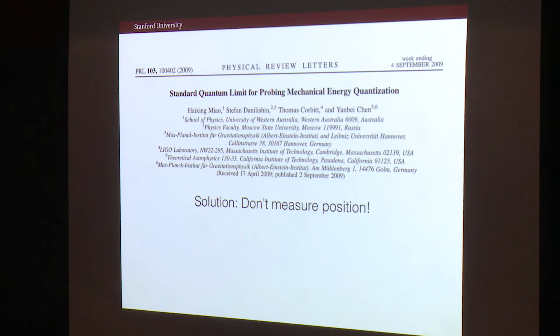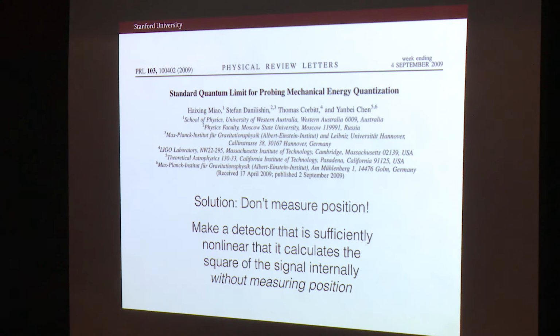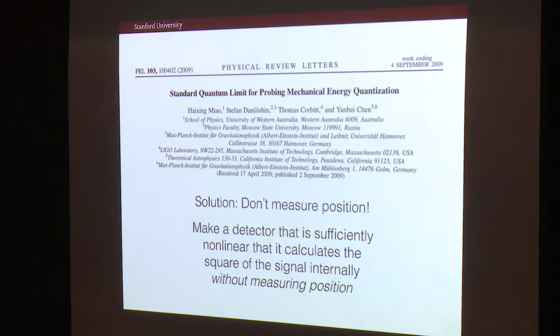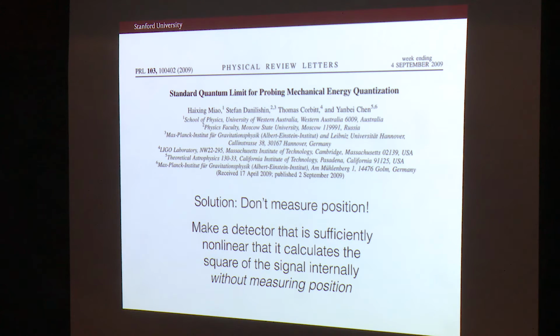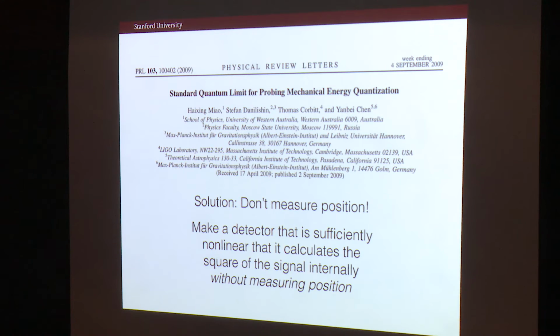So one way of understanding how the qubit detector works is that the detector itself is sufficiently nonlinear that it does that first step of squaring the signal without telling you anything about the position itself. So it gives you directly the square of the signal. You're never learning what the signal is, you're just learning what its square is. And then this argument about the back action doesn't hold. I thought that was interesting.